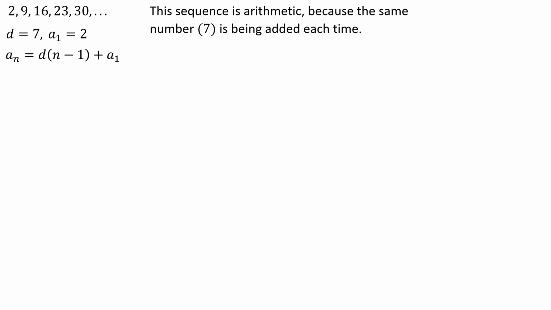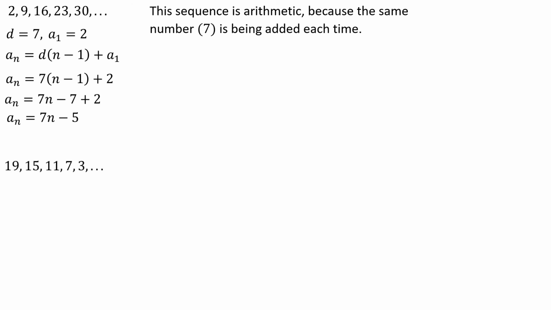I've got to copy down that equation, plug in 7 for d, plug in 2 for a1, simplify that equation, use the distributive property, combine like terms, and there is the answer. We go up by 7 every single time. If I want to check it, plug in the number 1. 7 times 1 is 7. 7 take away 5 is 2. Yep, the first number is 2.